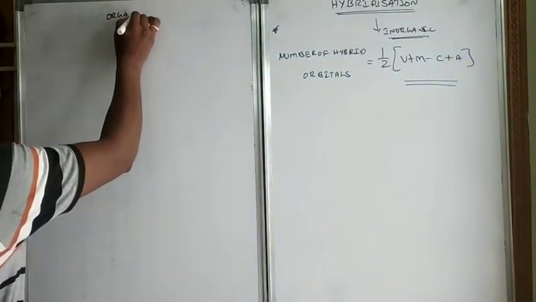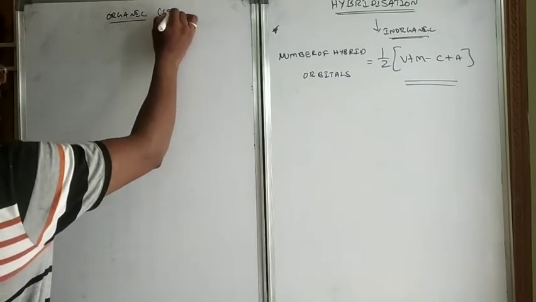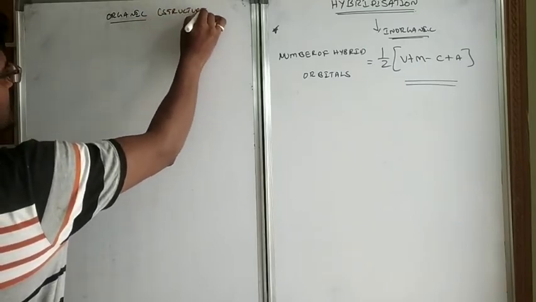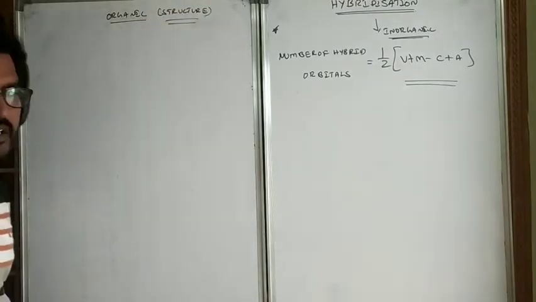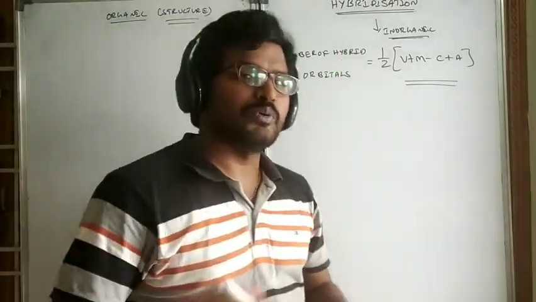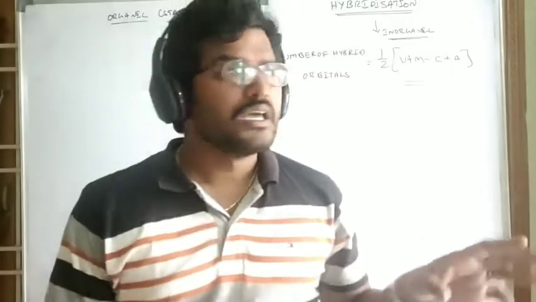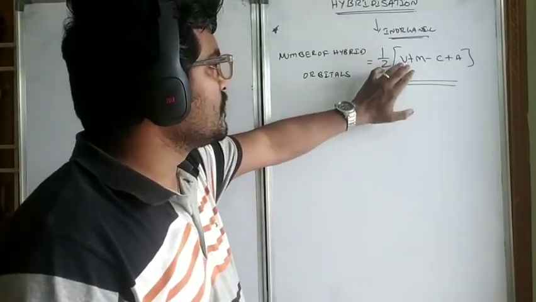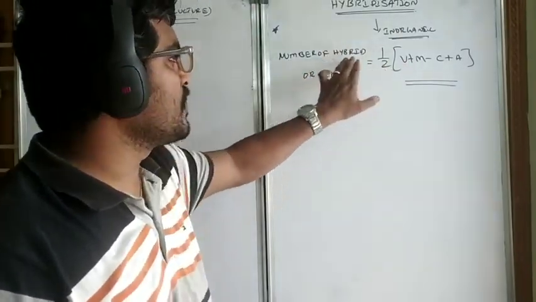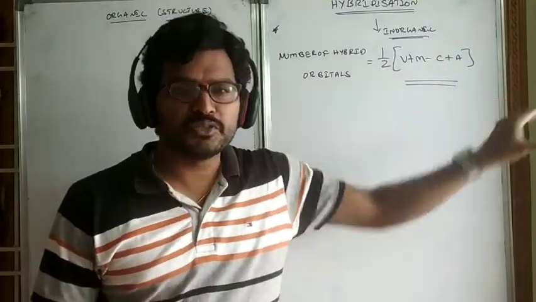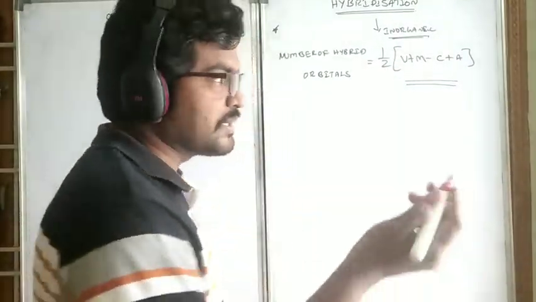For organic compounds, we can identify it by finding the structure. For inorganic compounds, let them give you any species, by using this formula, number of hybrid orbitals is equal to half into (V plus M minus C plus A).